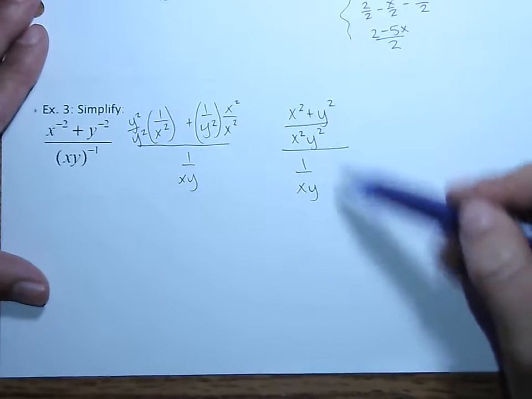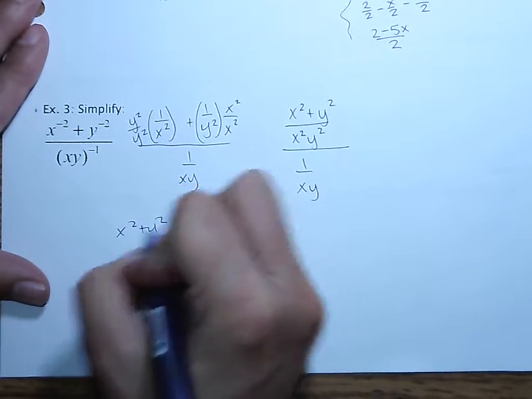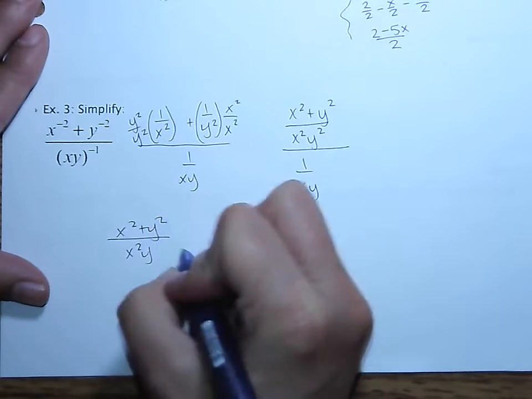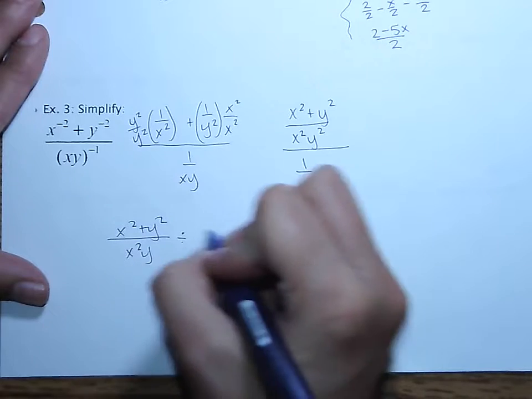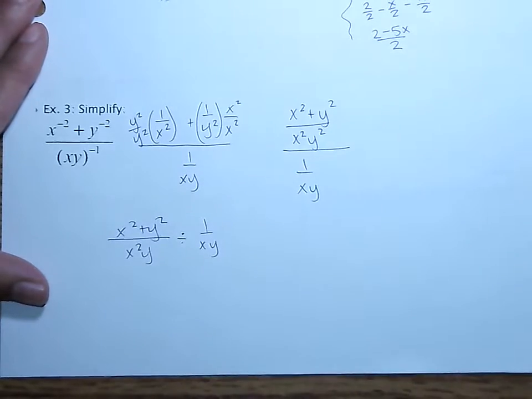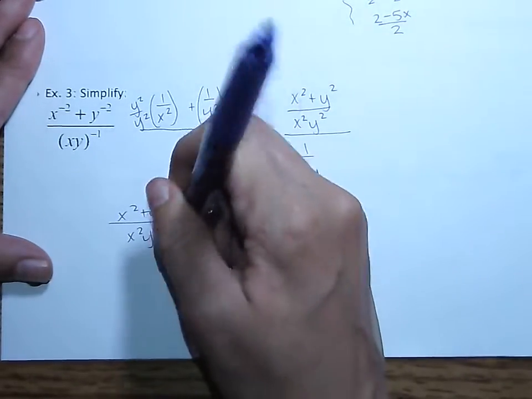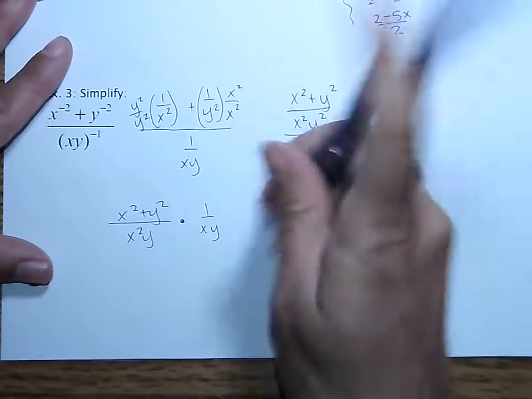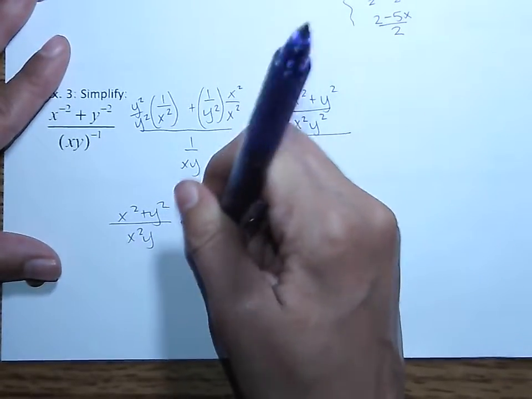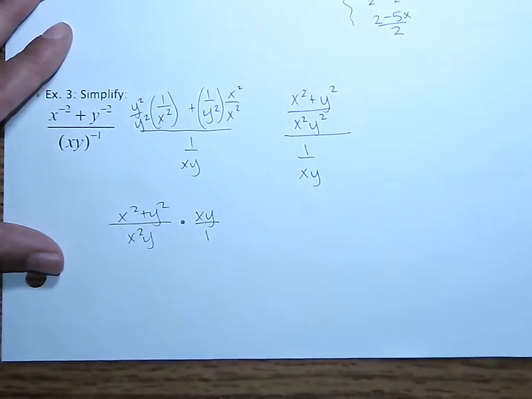Now, visually it's kind of hard to see, but we have these two fractions, and we need to divide by this one. Or, I can just make this multiplication, and I just need to flip this. So I'm going to put xy on top, and the 1 on bottom.